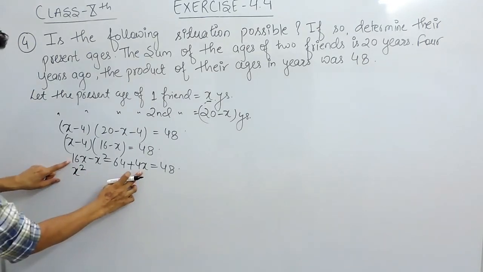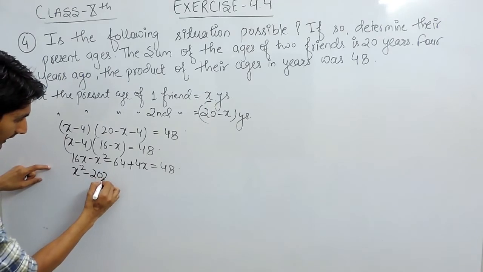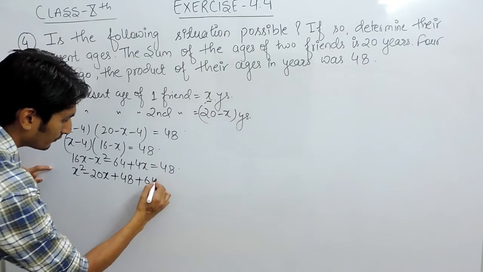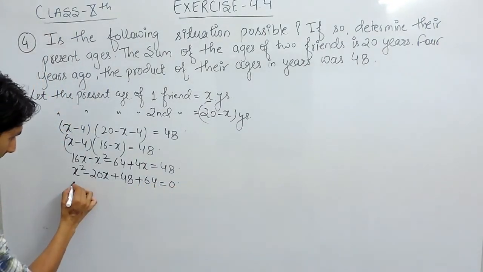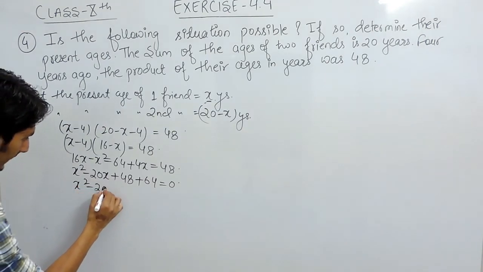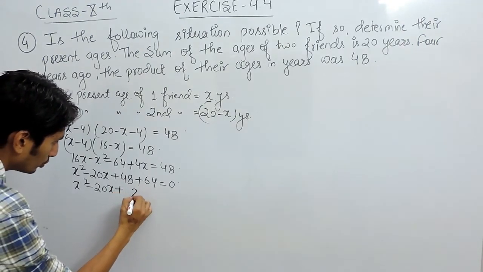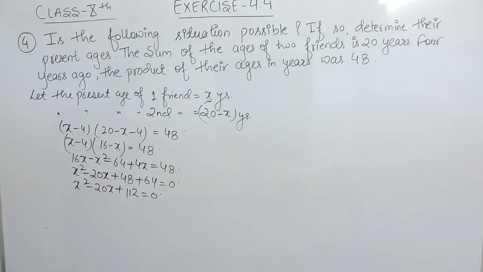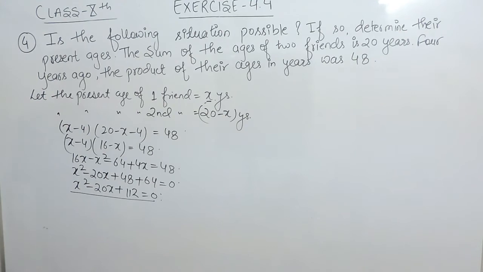This when solved will give 20x, and that side will be minus 20x, and that side plus 48 and plus 64 is equals to 0. Now solving again, this is x square minus 20x plus 112 equals to 0.